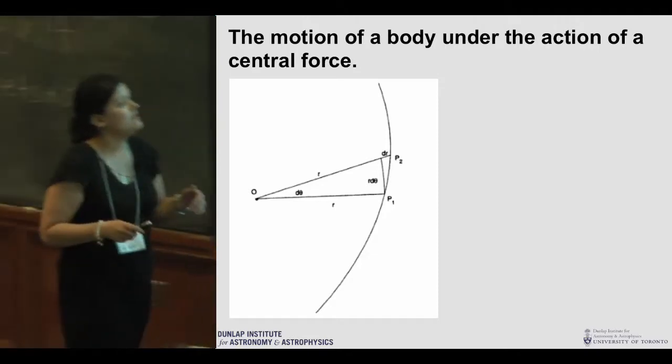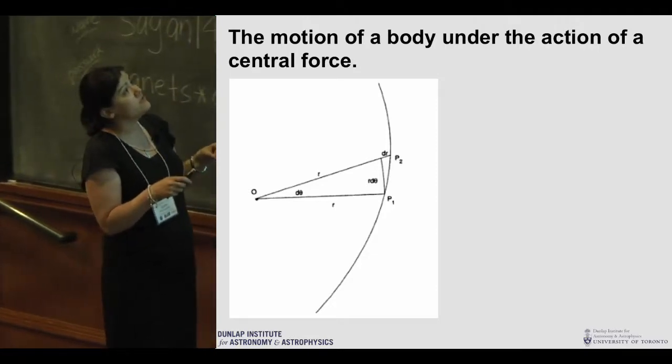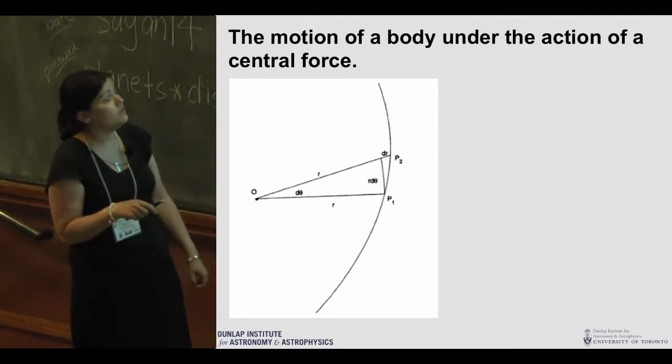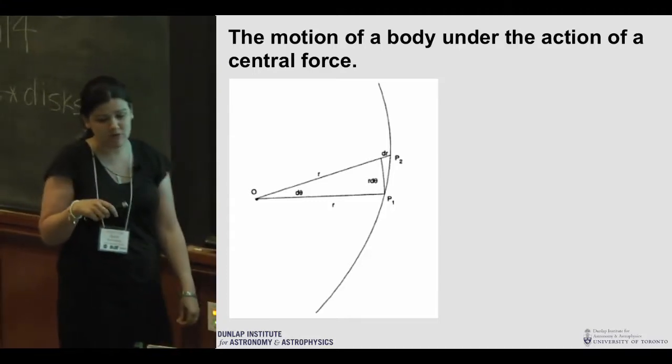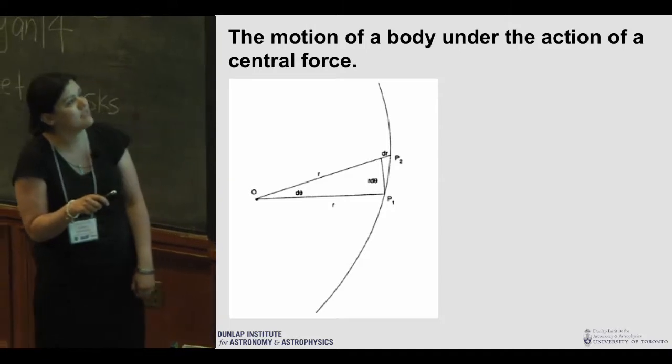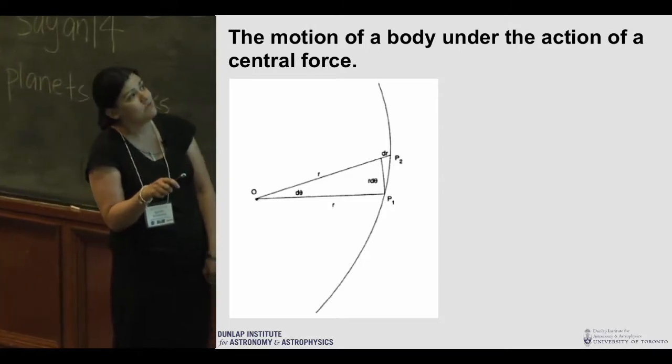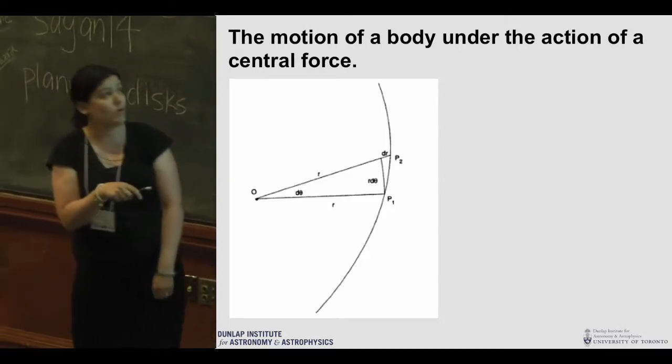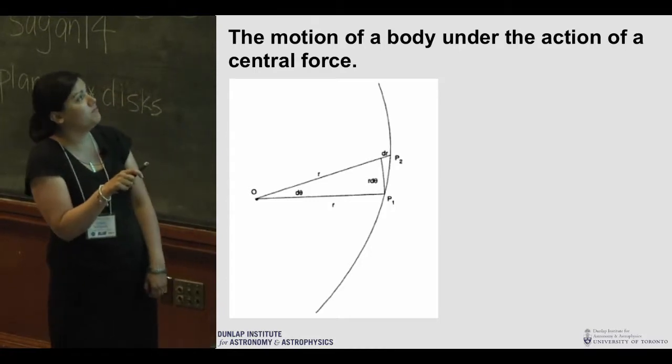So now let's look at that in a little bit more detail and understand what the actual equations of motion are for a body operating under a central force. So your body starts here at point P1, and it's moving to point P2 along some orbit. It's based on some origin.